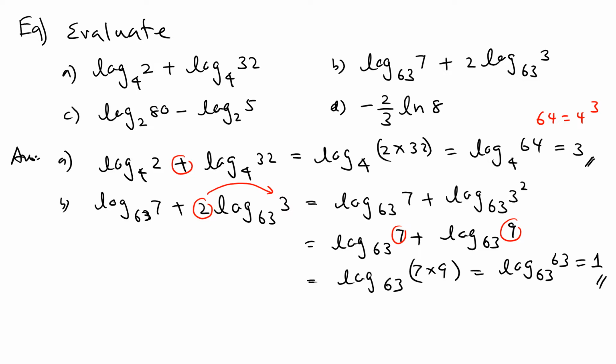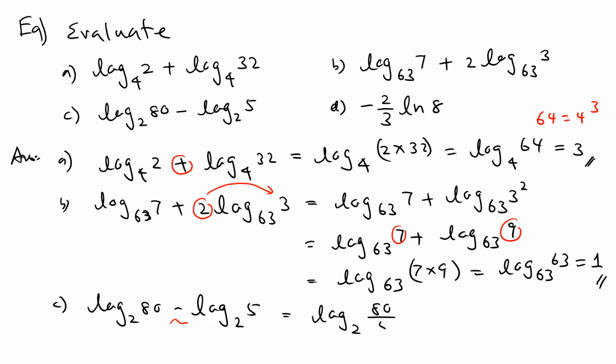And then we have C. C is easy because you can see this is log 2 of 80 minus log 2 of 5. This is a subtraction problem, that means a division. So it is log base 2 of 80 over 5. 80 over 5 means 16.